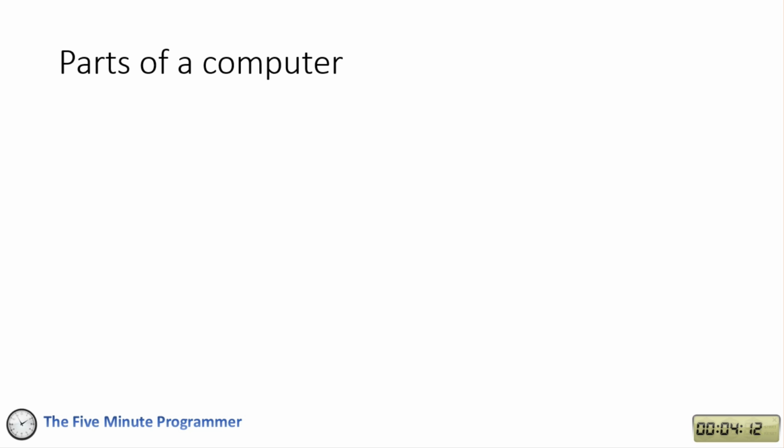So what are some of the parts of the computer? Now, we're not going to go into a lot of details about the hardware, but it's important that we talk about certain parts of it because these are the parts that we will actually use when we're writing a program. So first of all, there's the central processing unit.